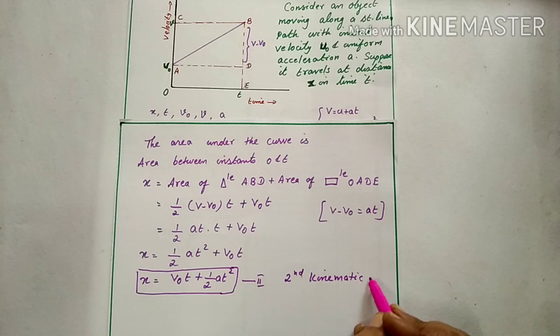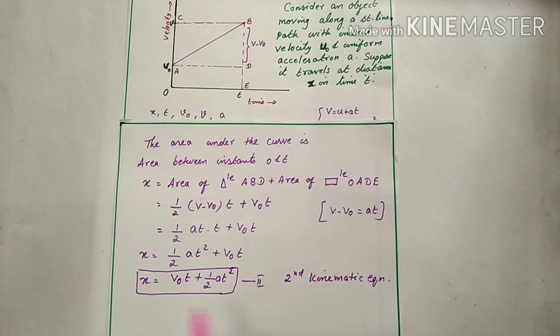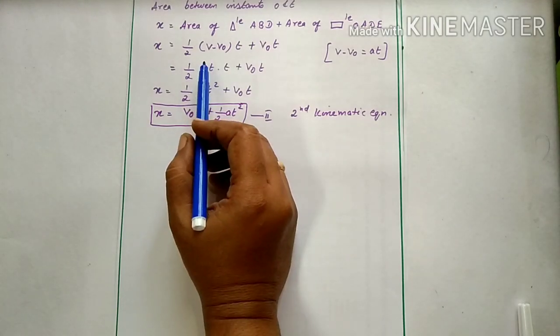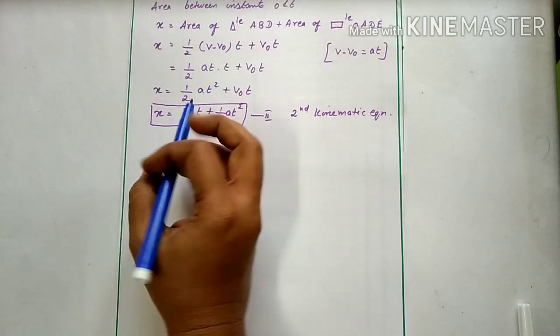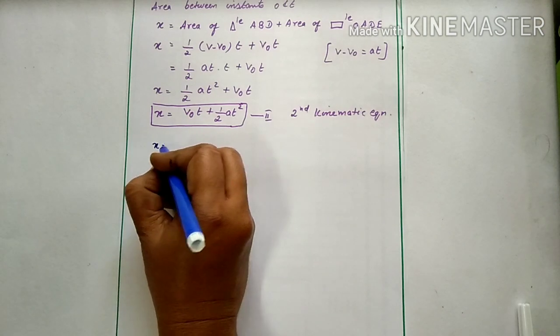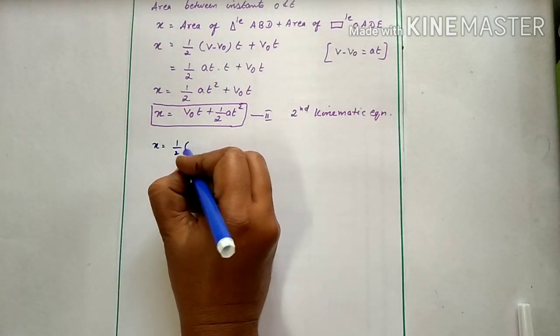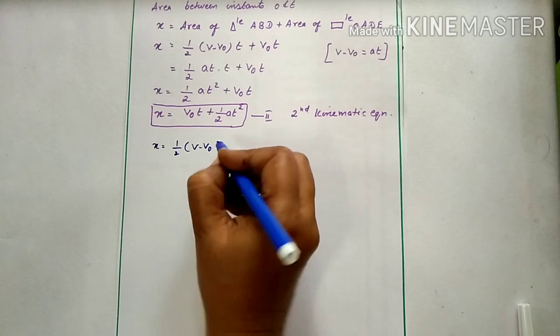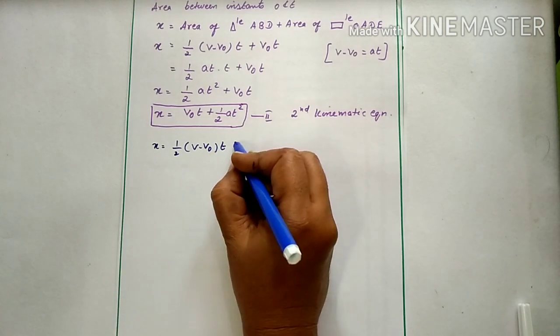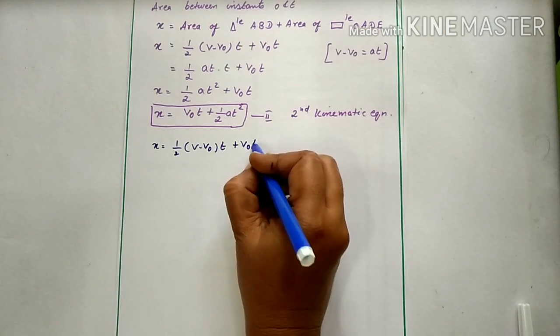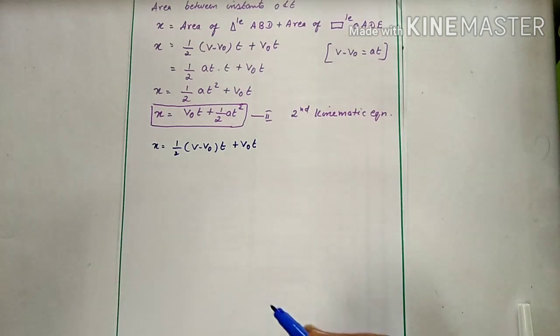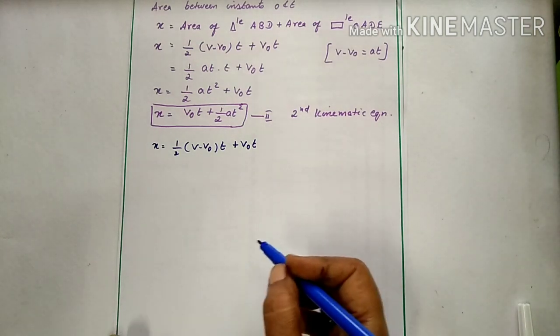This second kinematic equation gives the relation between displacement, initial velocity, time and acceleration of the object. Now the third kinematic equation. From the equation x equal to half v minus v0 into t plus v0t, we can derive the third kinematic equation.